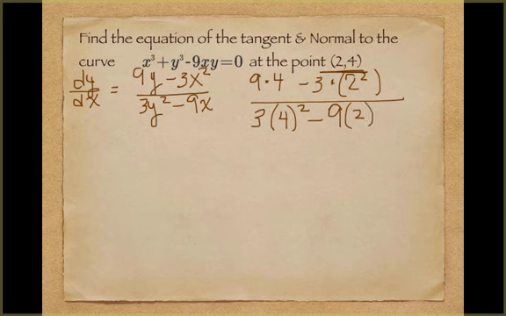So the slope of this line when I do this math gives us 4/5. So the tangent line has a slope of 4/5.